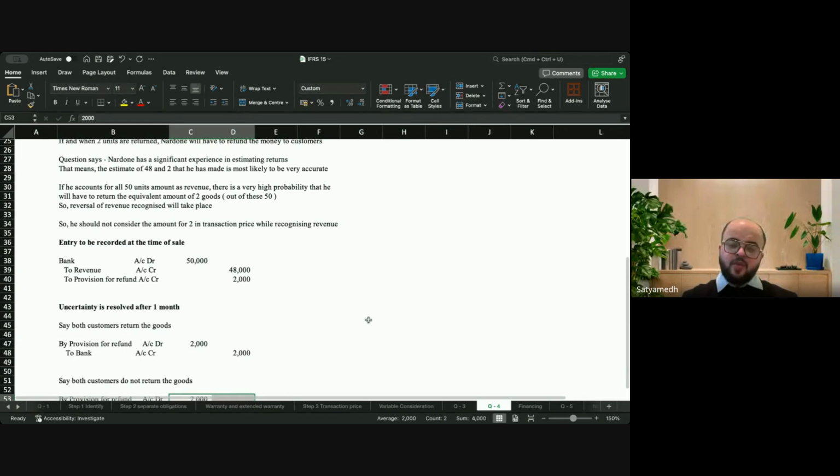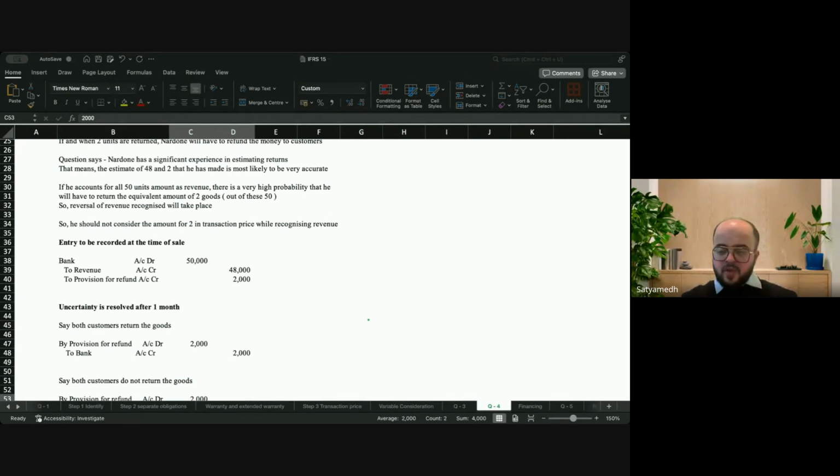So, what is the entry to be recorded at the time of sale? Bank account debit 15,000, revenue account credit 48,000, and you will not credit revenue with the additional 2,000. You instead credit provision for refund because based on past experience, you have reason enough to believe that certain units get returned in the future.